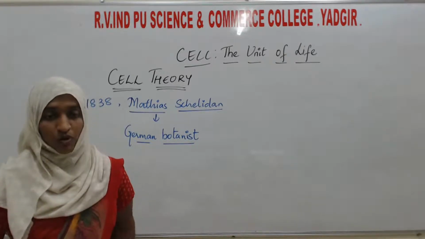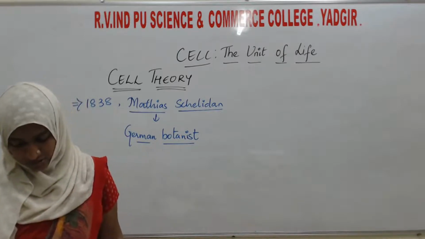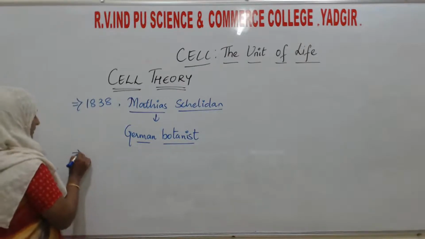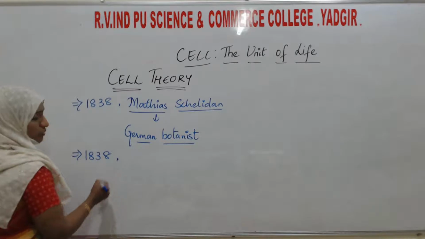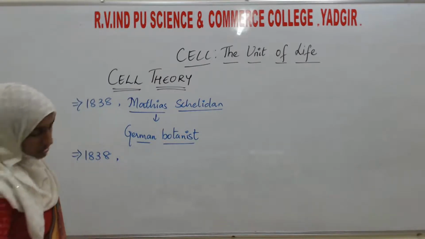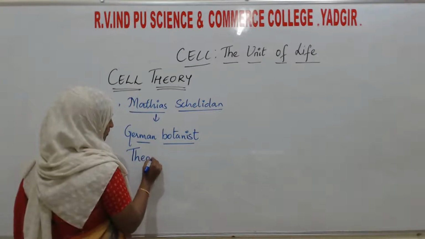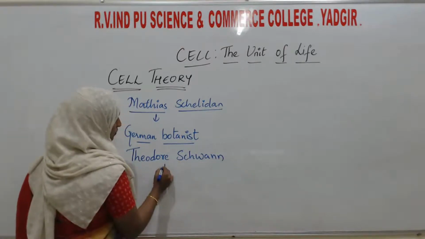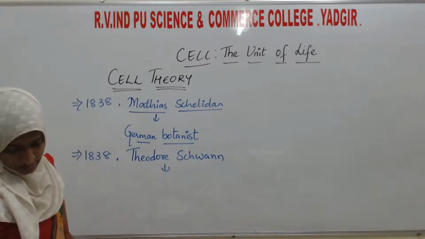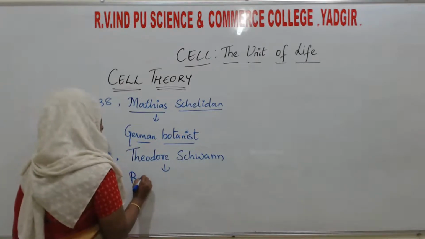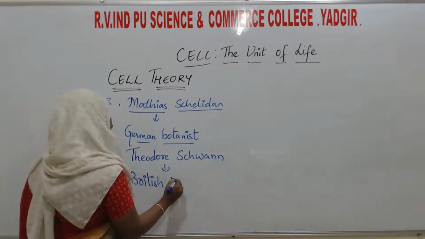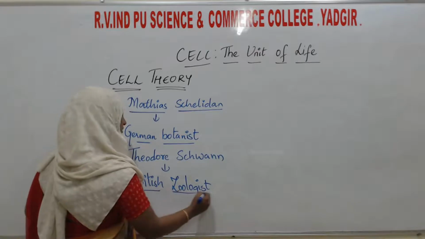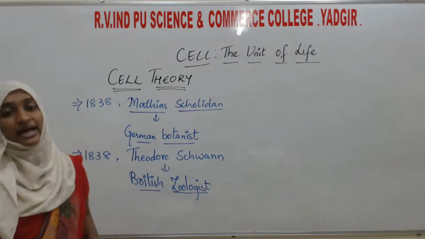At the same time, in the same year, 1838, one more scientist whose name is Theodor Schwann, a British zoologist. Zoologist means a specialization in the study of animals.